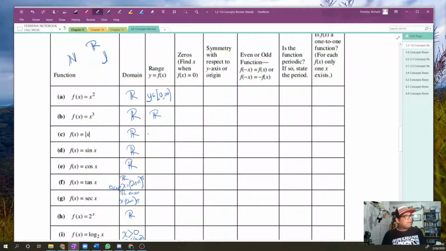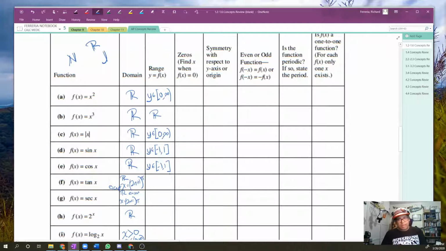Absolute value, again, the y coordinate can only take on positive values, including 0. Sine, this is an interesting one. For sine, the y coordinates oscillate between negative 1 and 1. So all the numbers in between negative 1 and 1 only. You'll never get something larger than that. Likewise for cosine.